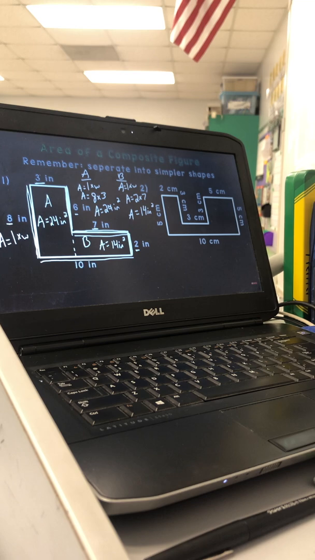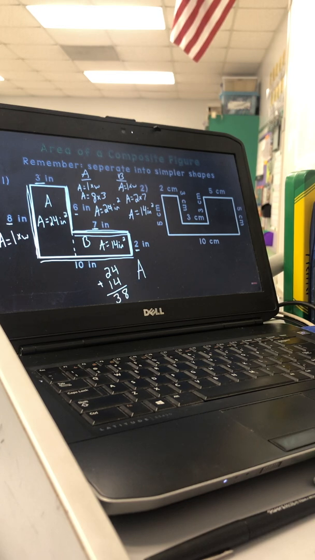Now that we have the area of the left rectangle and the right rectangle, we add those together in order to get the area of the whole shape. So we would do 24 plus that 14, and that gives us an answer of 38.